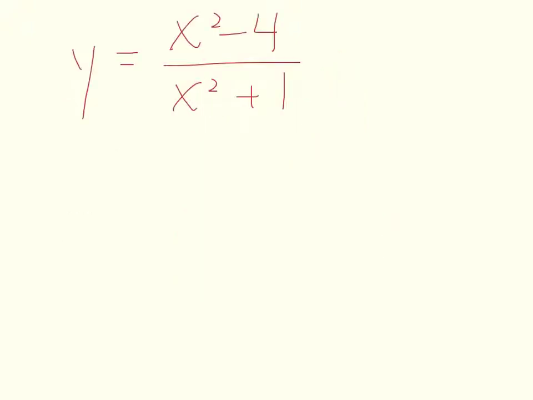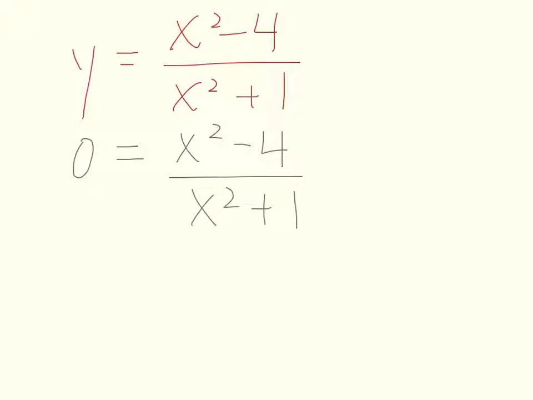So say you were to take this equation, x squared minus 4 over x squared plus 1. In order to find your zeros, or your intercepts, so say you're looking for your y-intercept, you would plug in 0 for y.